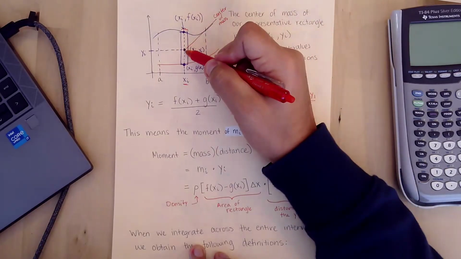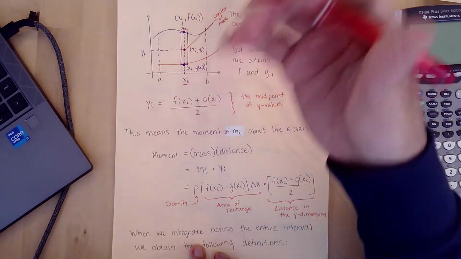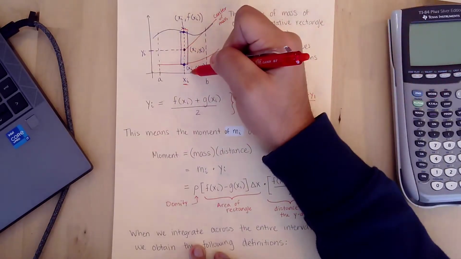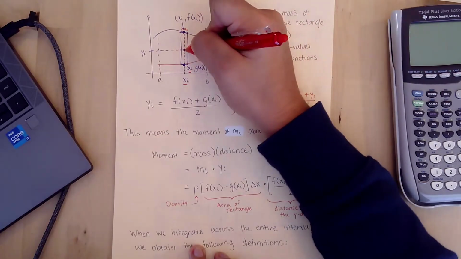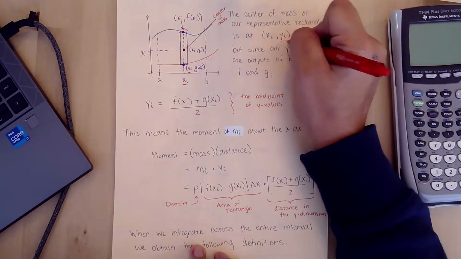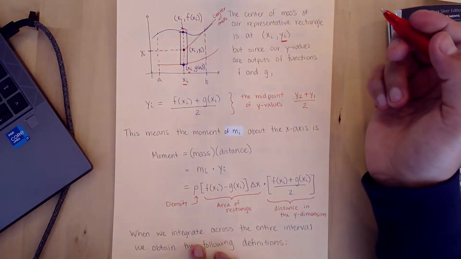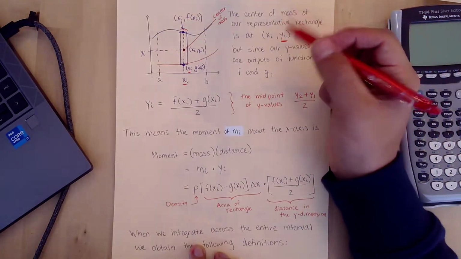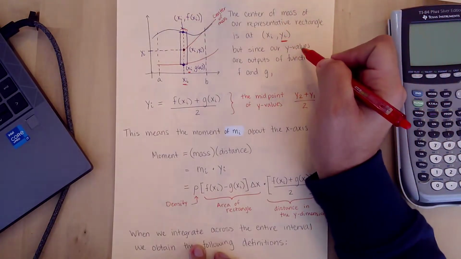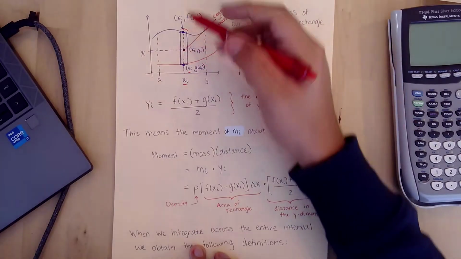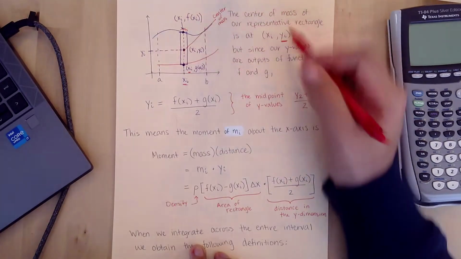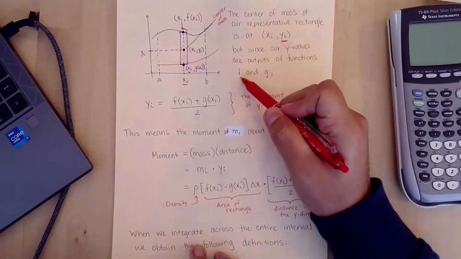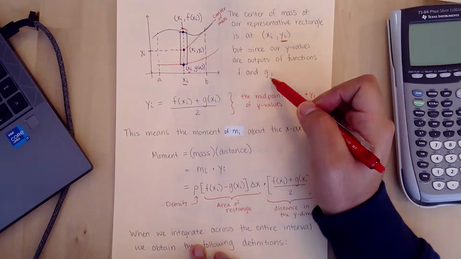We already know what the x value of that center of mass is, so we're not really concerned about the xi part, but how do I find the y value of this point here? The y value is going to require a little bit more work, but the y values for these functions, at least the y value here at the top of the rectangle and the bottom of the rectangle, are going to be the outputs of our functions f and g, okay?